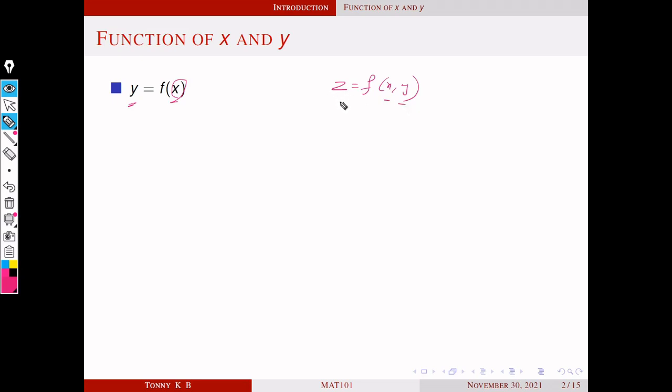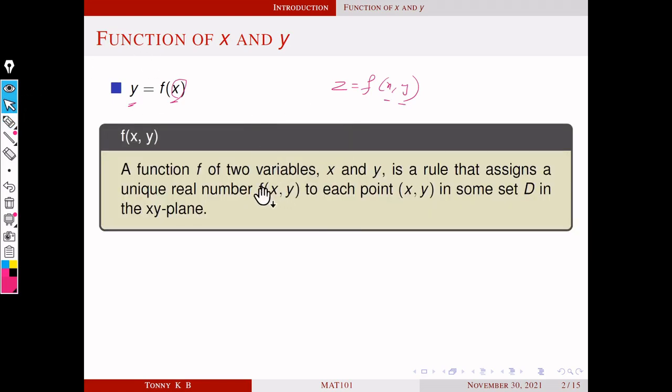And what is the meaning? The specific values of x and y give a unique value for z. This function assigns a unique value for z. Okay, so this is the concept of a two variable function. Similarly, we can extend this concept to any number of variables.